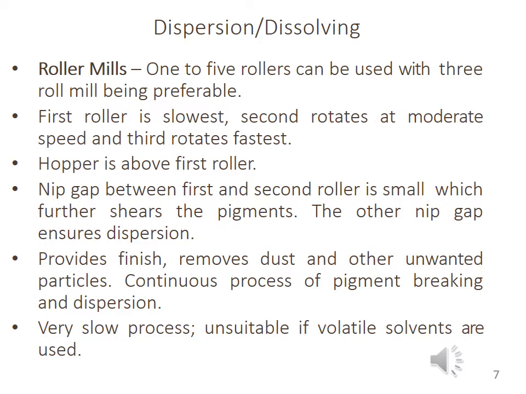The nip gap between the first and second roller is small, which further shears the pigments. The other nip gap ensures dispersion. So the first and second rollers are arranged such that the nip gap between them is very small, which allows the shearing of the pigments.